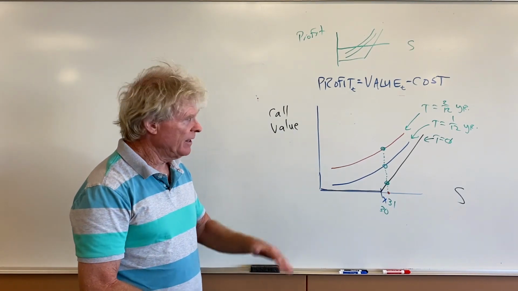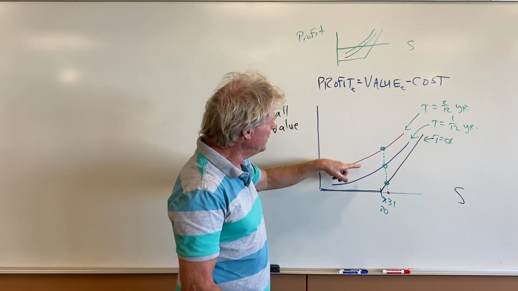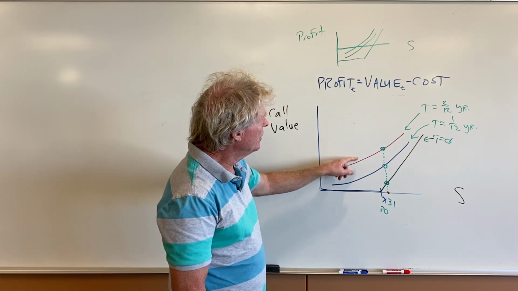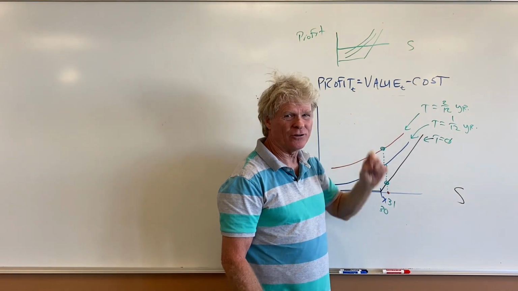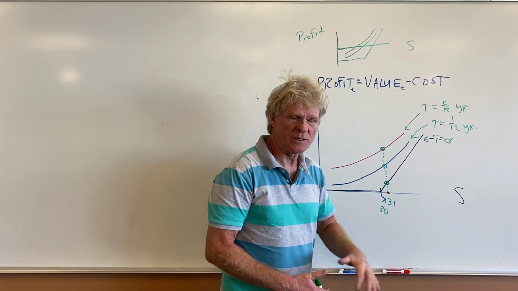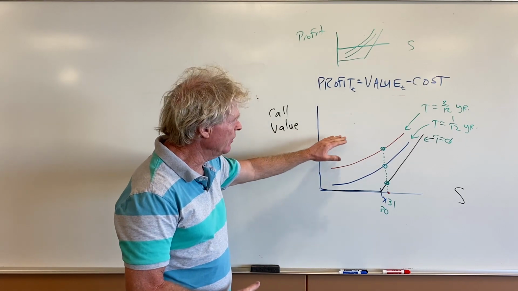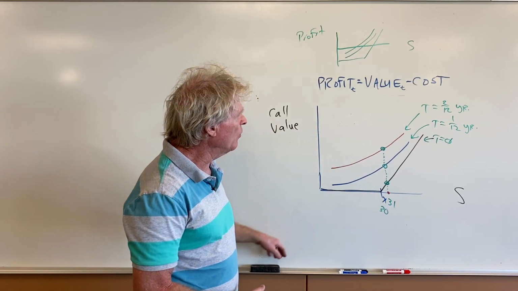Same thing, okay? Every curve up here at each stock price value is just the value here, less the cost of the call, as we've seen before. Okay, so that's very important to understand how that works.